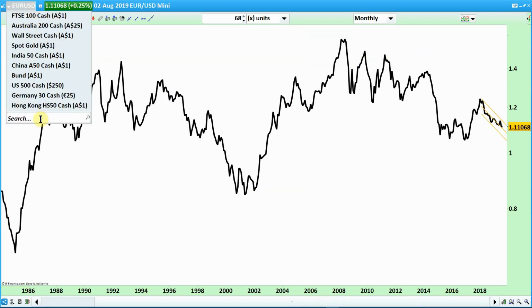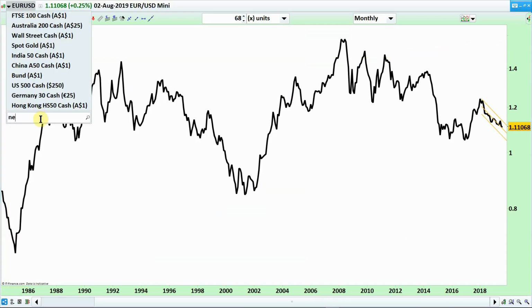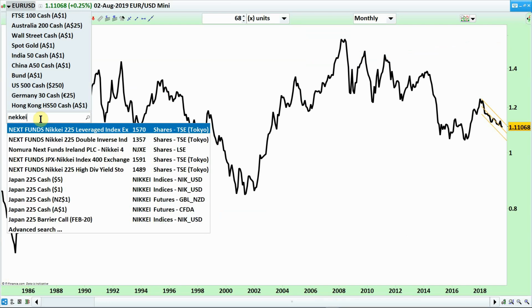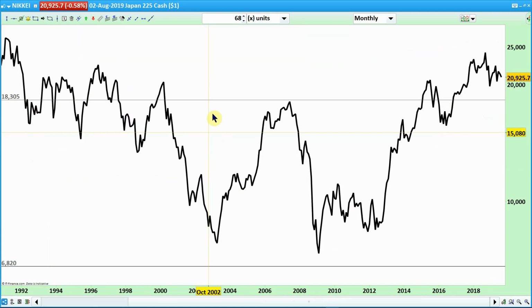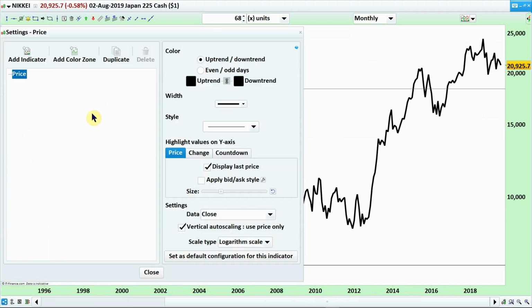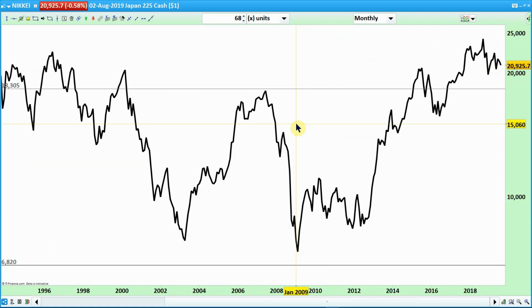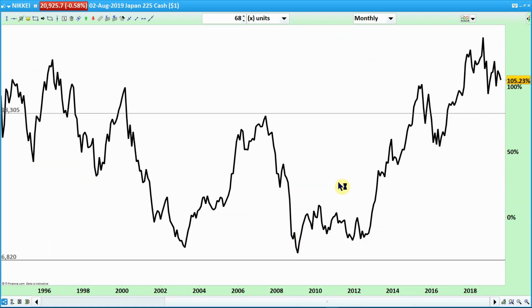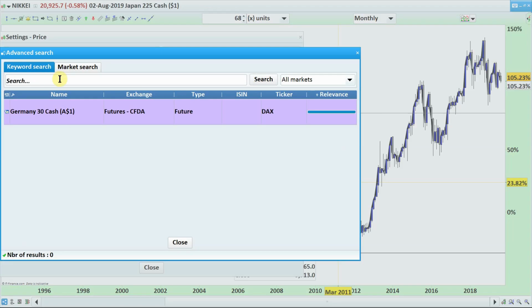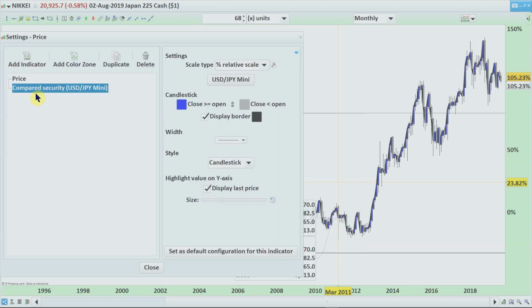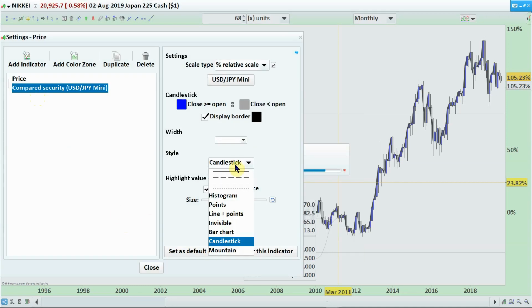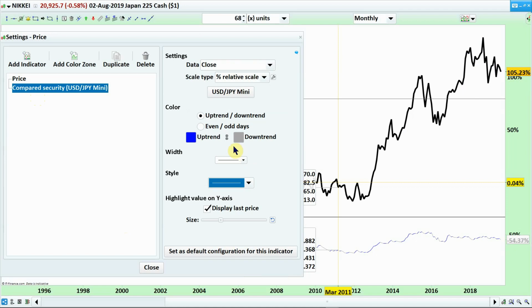So let's see the Nikkei 225, and then we compare this with the Japanese yen. I think there can be some relationship. If not, then I'll give USD/JPY. Something I can possibly see.